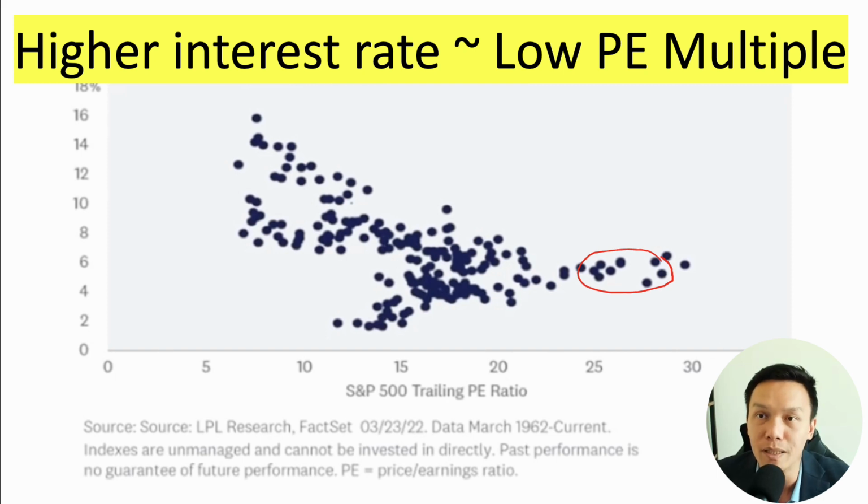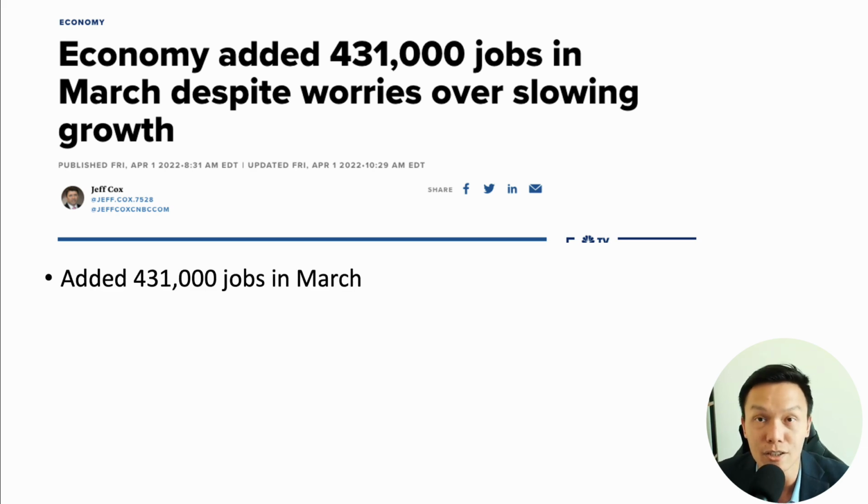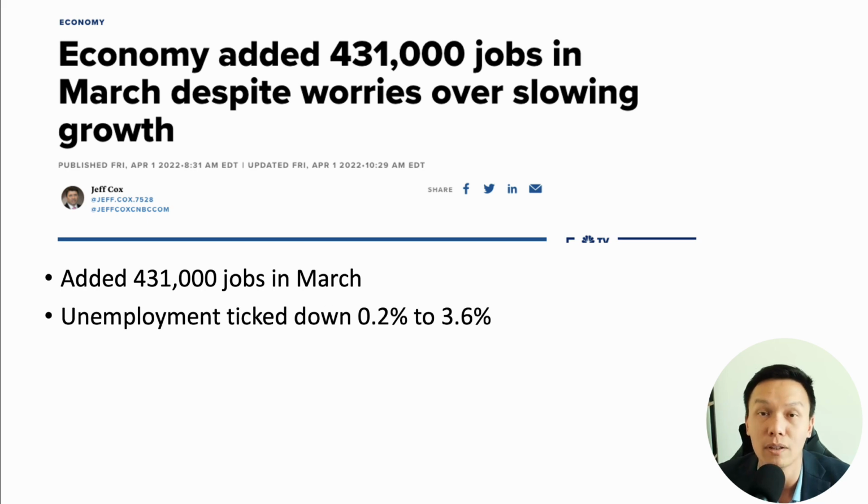Now, why do I believe that we should expect higher interest rates? That's because the economy has been very strong. The economy just added another 431,000 jobs in the United States, just in March itself. The unemployment rate has further ticked down to 3.6%. This is well below the 4% that the Federal Reserve was targeting.